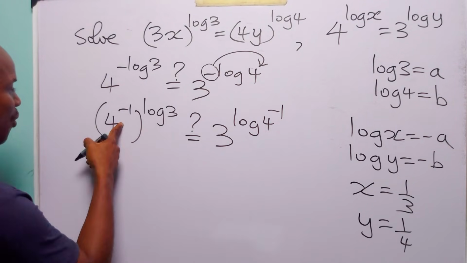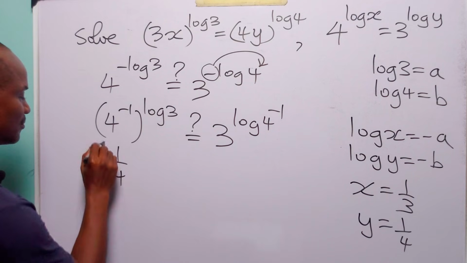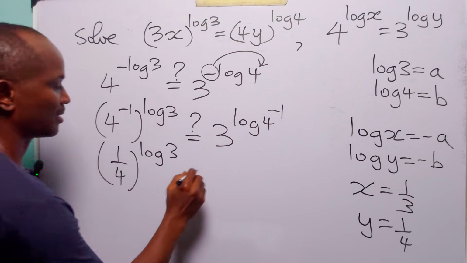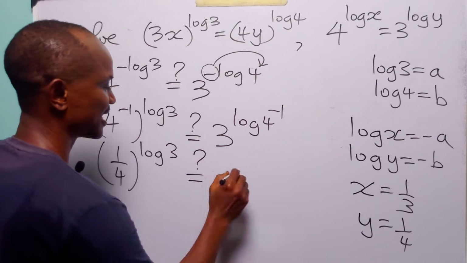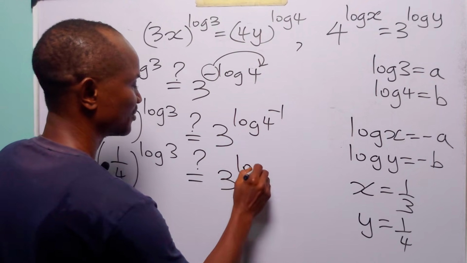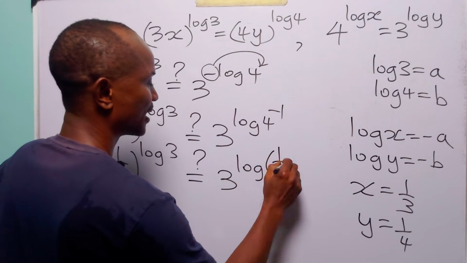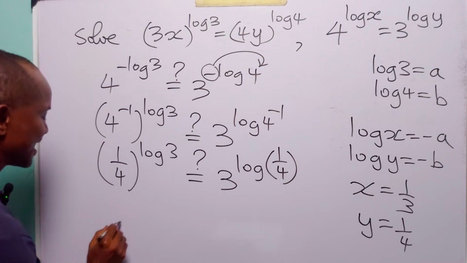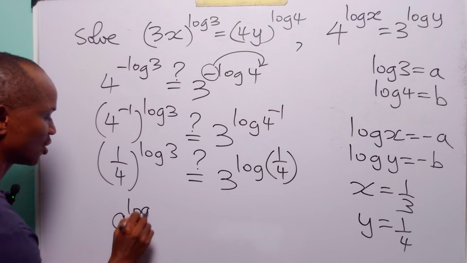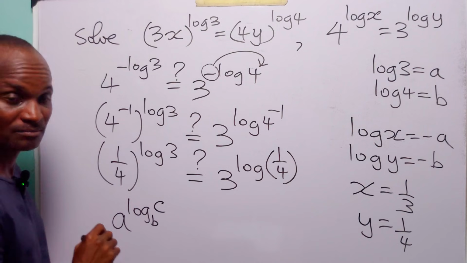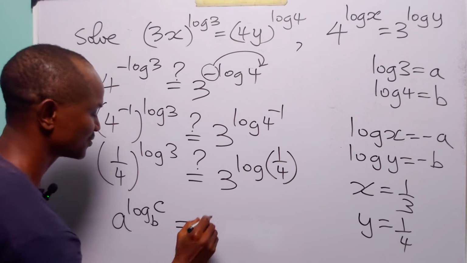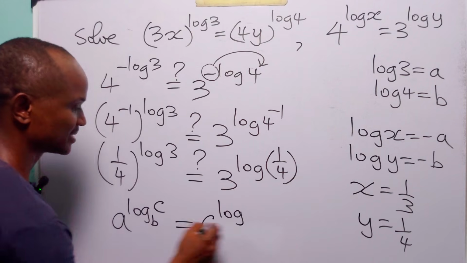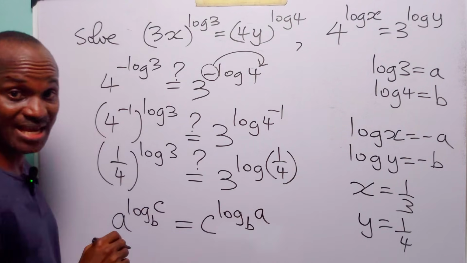Now here we have 1 over 4 to the power log 3. And on the right hand side we have 3 to the power log 1 over 4. But now remember that a to the power log to base b of c is equal to c to the power log to base b of a.